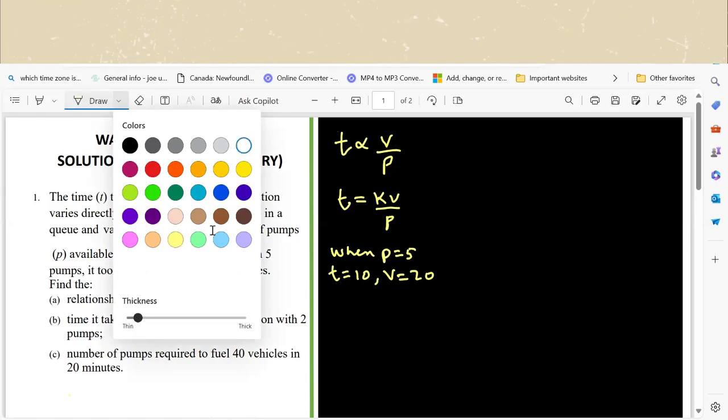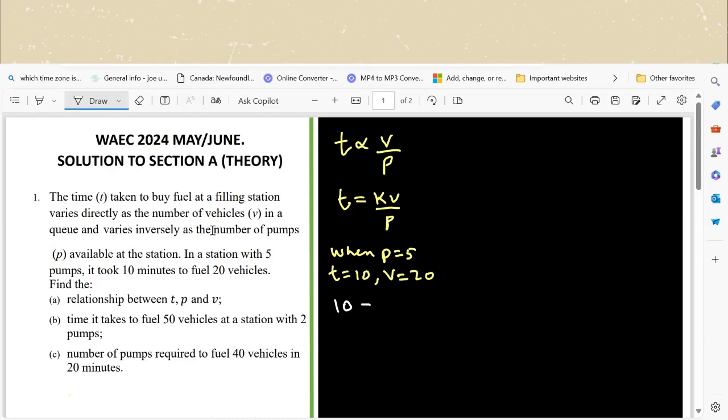So T is 10, we put 10 equals, we have our K, and then what is V? V is 20, put 20, all over P, which is 5. So we have 10 equals, if you look at it, 20 over 5 is 4, we have 4K.